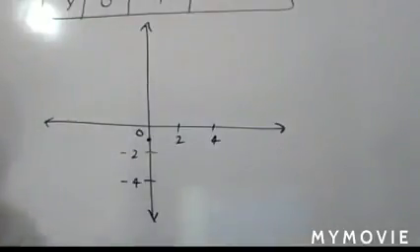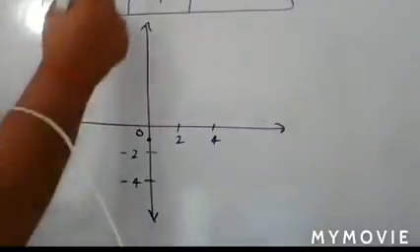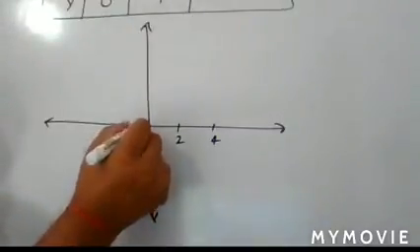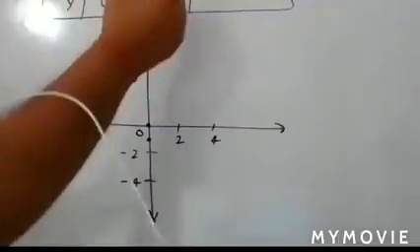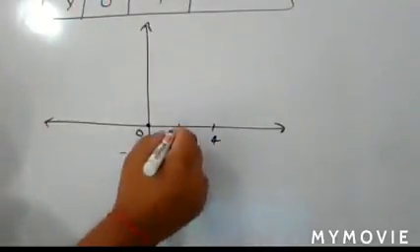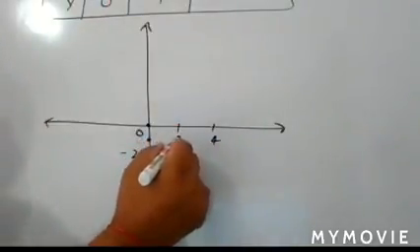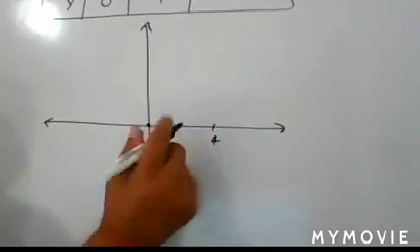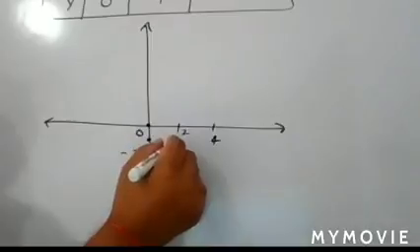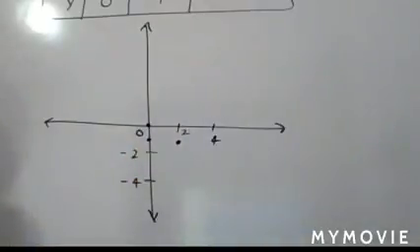Understand? And just check your points. First point is 0 0, so you have this point. Second one is 2 minus 1, so this point is 2 minus 1. Understand?